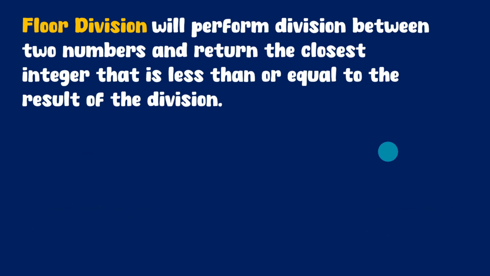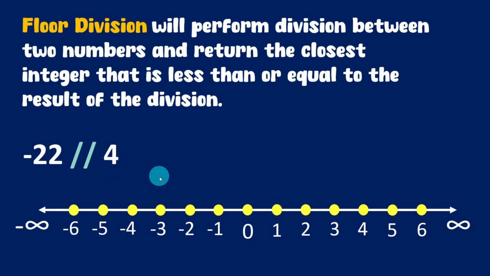Now let's do something very interesting. This time let's perform floor division operation with negative numbers. So let's find out minus 22 floor division 4. First we have to perform division between the two numbers. If we divide minus 22 with 4, we will be getting minus 5.5.